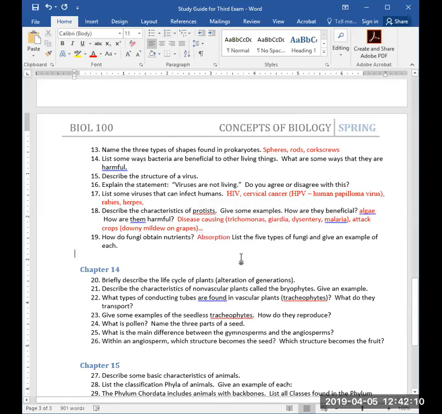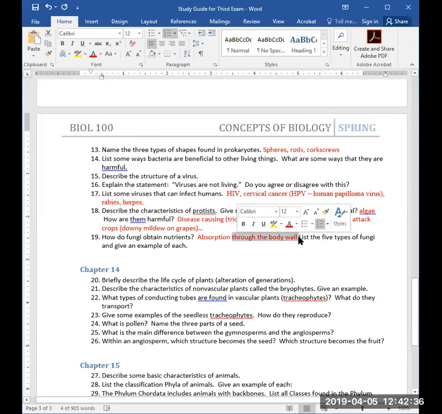So they use enzymes to break down material into small pieces, and then they absorb it across them. And this is all done outside of the body. Absorption through the body wall. Okay.